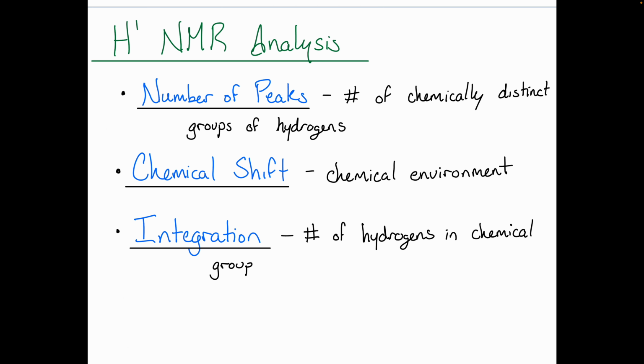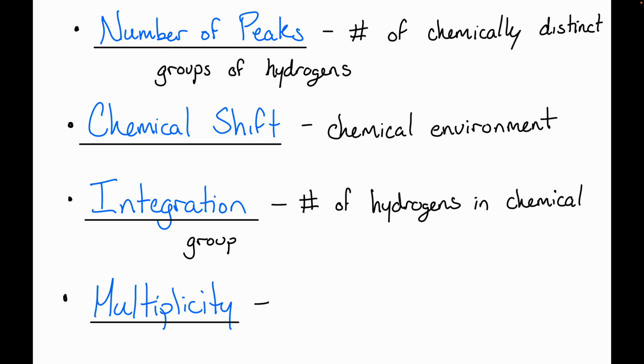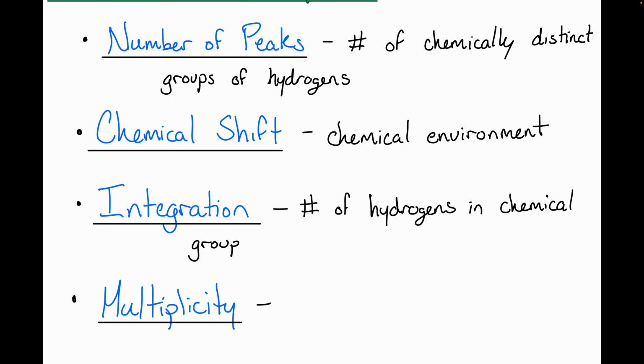All right, but now there's one extra piece of information that we get from H1 NMR that we don't get from carbon-13 NMR, what we call the multiplicity of those peaks. All right, the multiplicity of a peak in H1 NMR tells you about the number of neighboring hydrogens to that chemically distinct group.